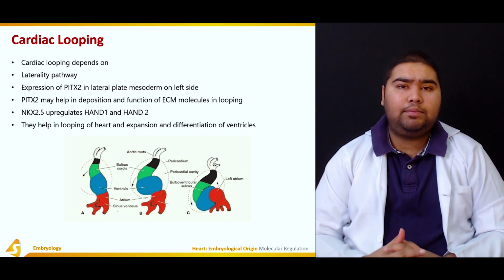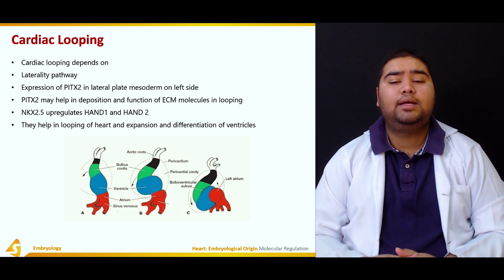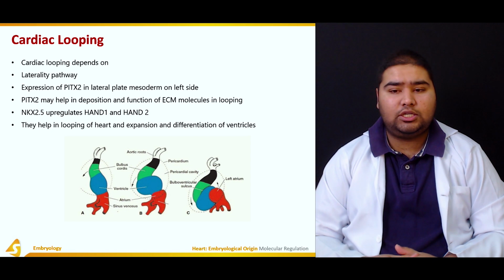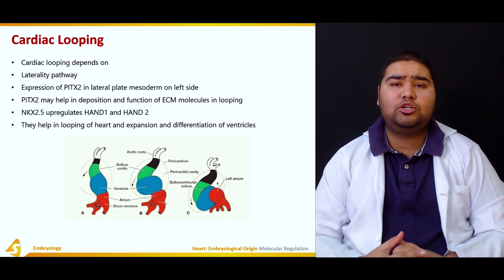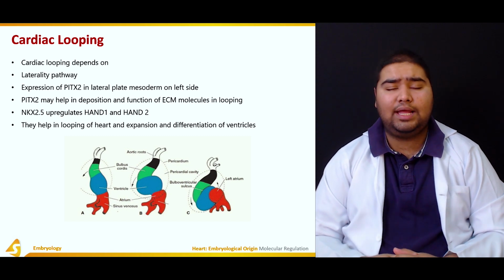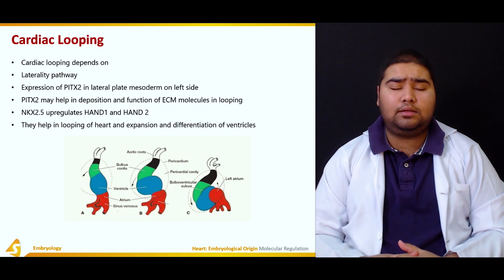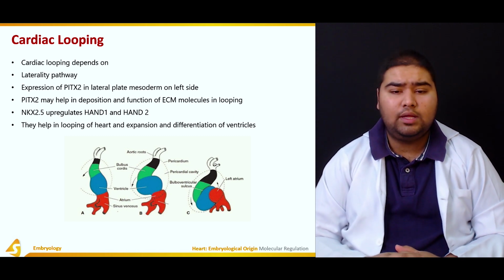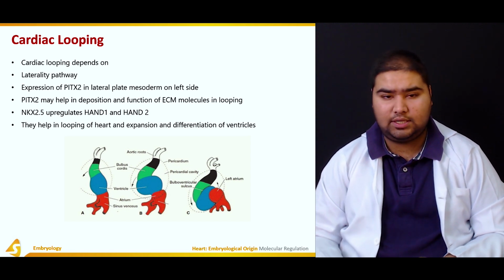The upregulation of HAND1 and HAND2 helps in the looping of the heart and the expansion and differentiation of ventricles. We saw that the heart tube is a thin single-line structure. However, with this upregulation of HAND1 and 2, it helps in the looping of the heart as well as expansion of the heart tube to form the adult heart structures.